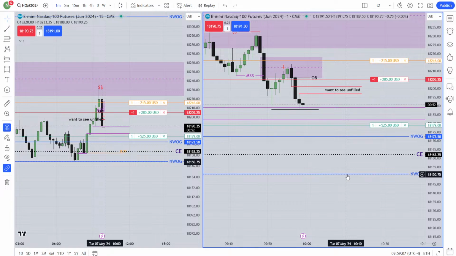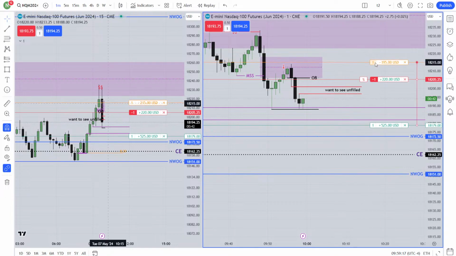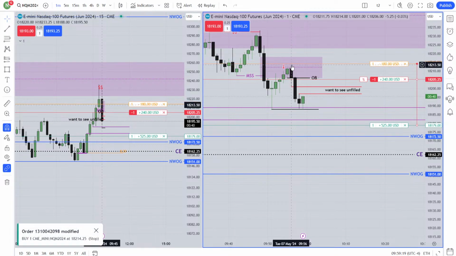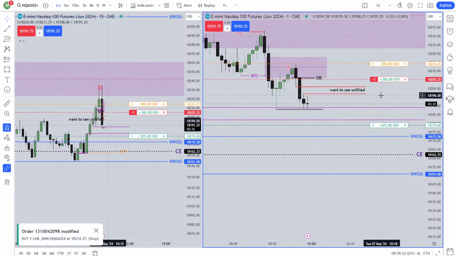I'm expecting a huge run now. Huge run, okay? Not like some kind of Mickey Mouse move. No, not like that. Huge run. And I'm going to put my stop loss just above that candle, so just minimize a little more loss. Expecting huge move. Let's see if I can get it or not.